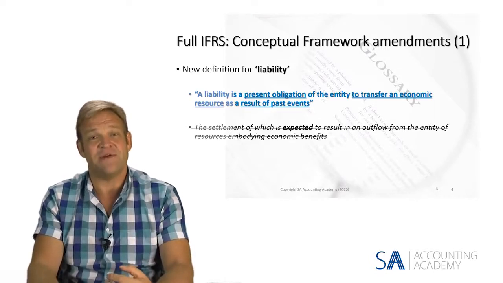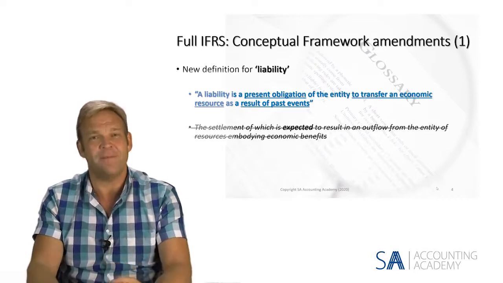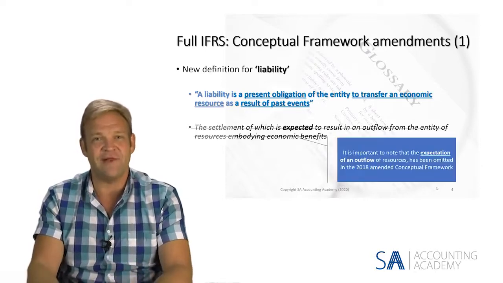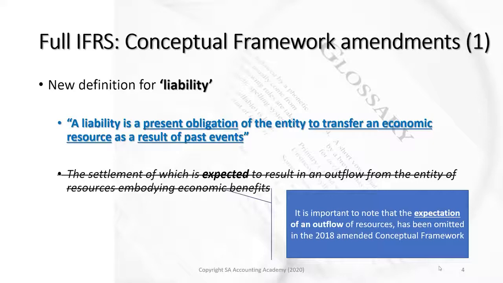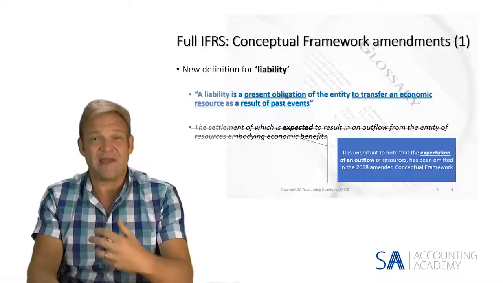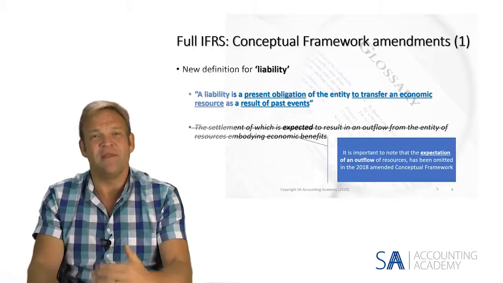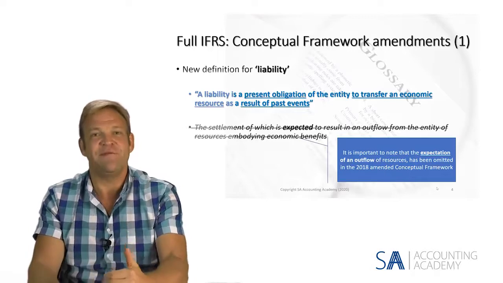Now, this could have certain impacts in the way that we apply the definition of a liability. So it is important to note that the expectation of an outflow of resources has been omitted in the 2018 version of the amended conceptual framework. So again, as we record this webinar, this is still applicable only to full IFRS.